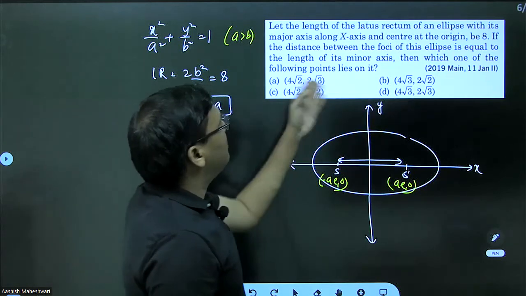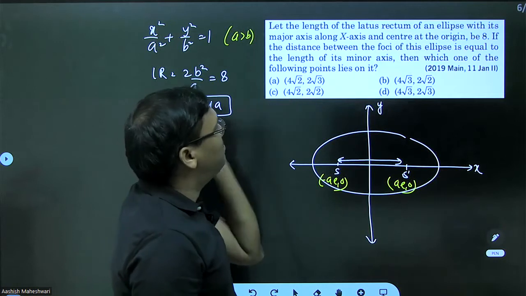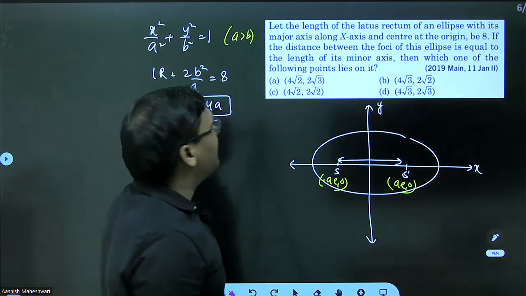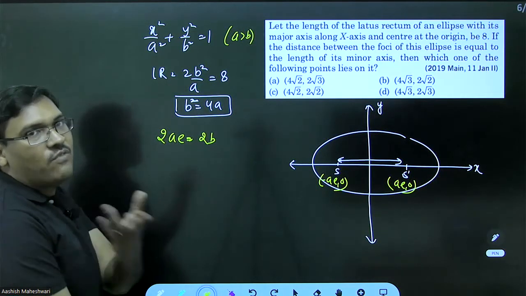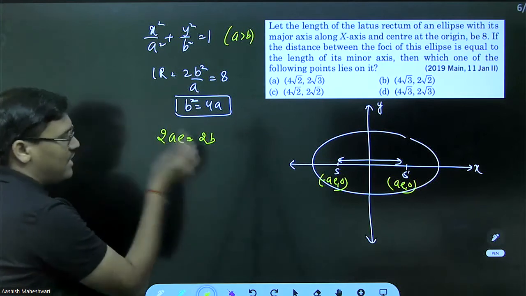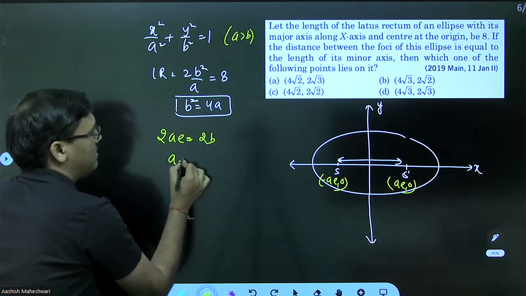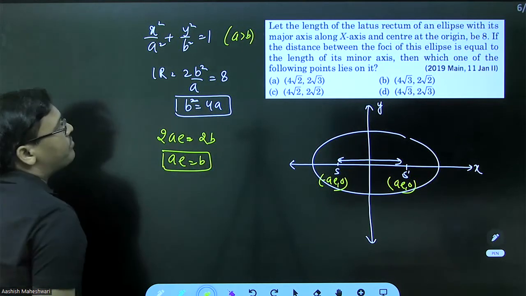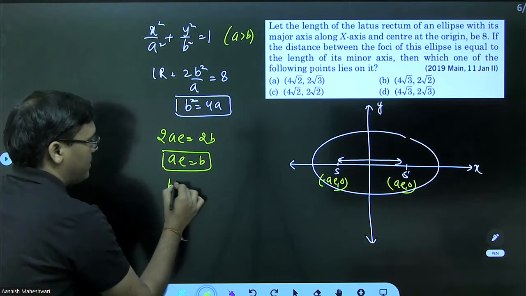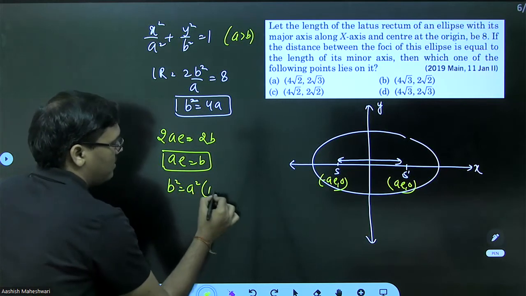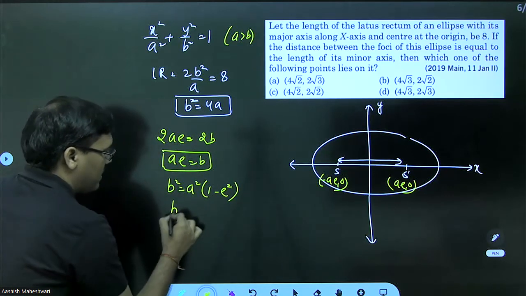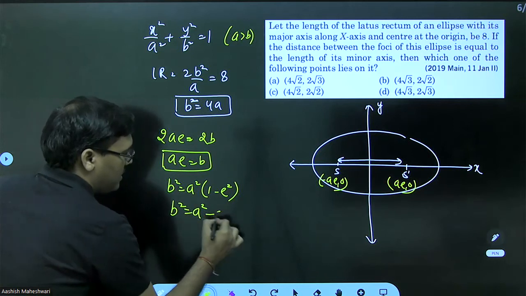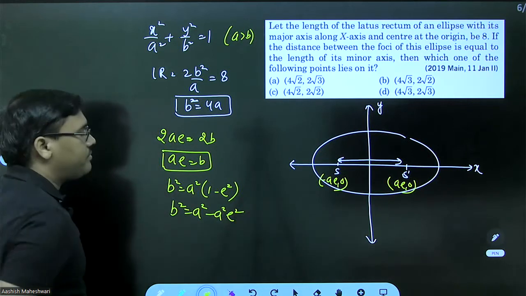Then which of the following is on the ellipse? So again, you have to just find the equation of ellipse. How will you find this? This is again exactly the same question which we have done. This is ae is equal to b. This is one relation, and the third relation is b square is equal to a square into 1 minus e square. So b square is equal to a square minus a square e square.